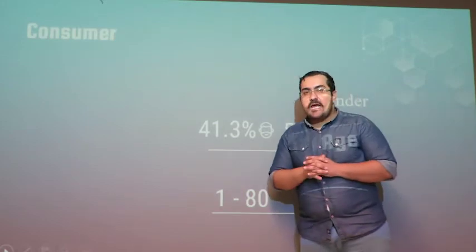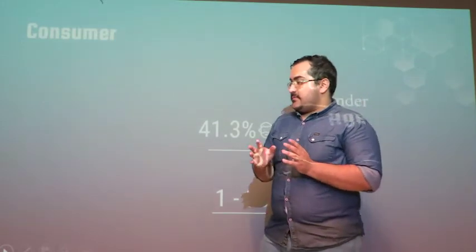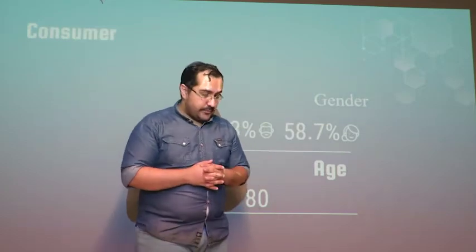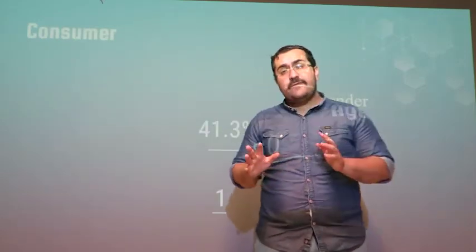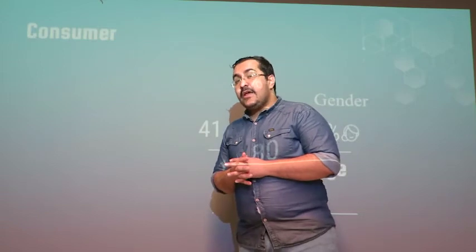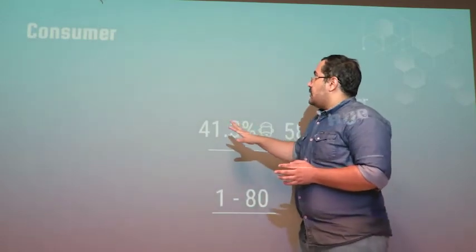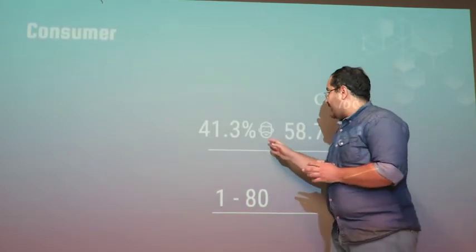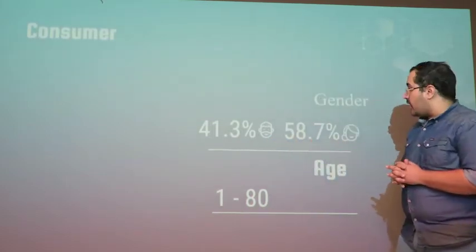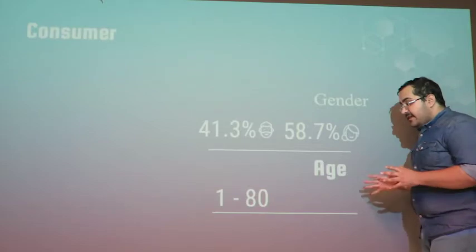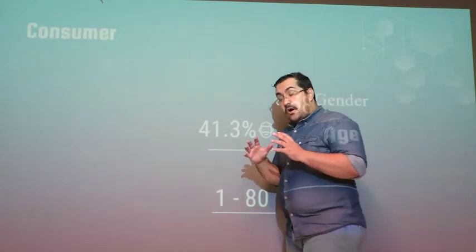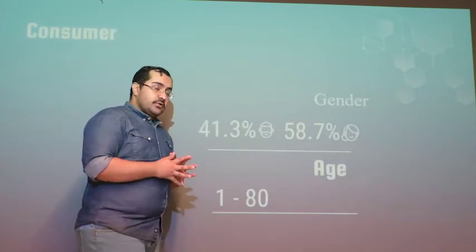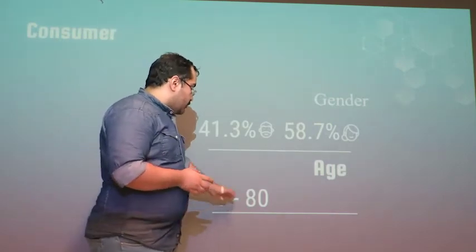In this slide, I will introduce our customers and our consumers. Our field investigation shows that 41.2% of our customers are men and 58.7% of them are women. We will cover a wide range of people from infants to older people, in ages 1 to 18.